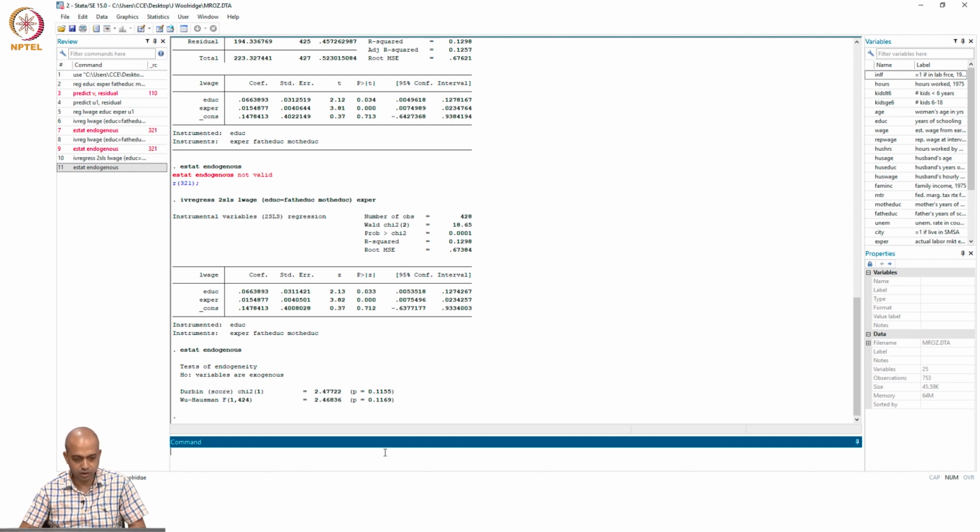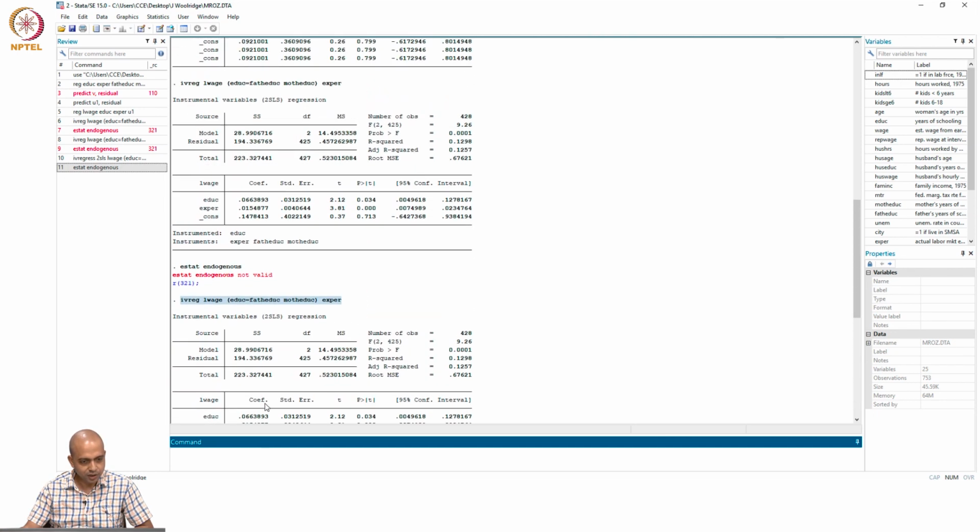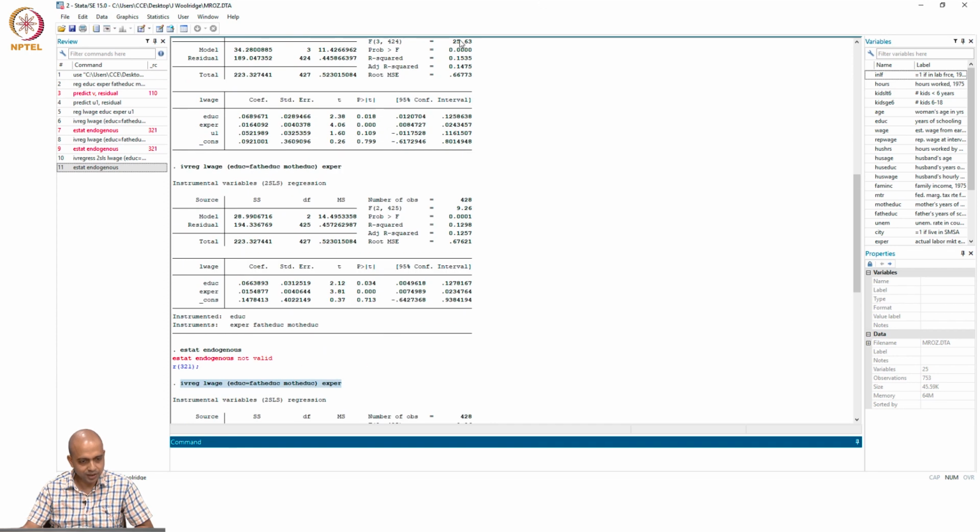Now we have to take this Wu-Hausman statistic, which is the F value, and the corresponding t statistic is 2.46. This F value, the Wu-Hausman test statistic, if we go back, is actually the square of this t value.